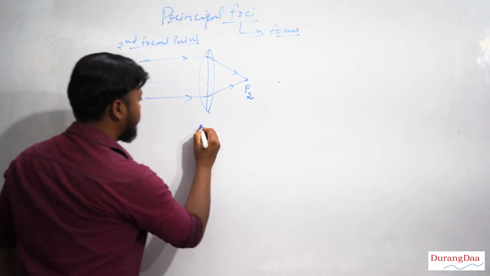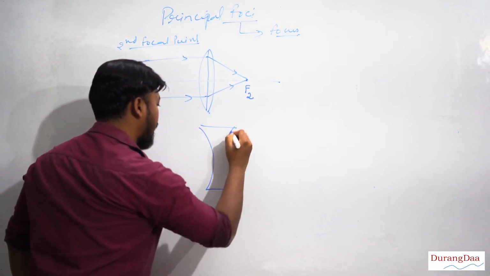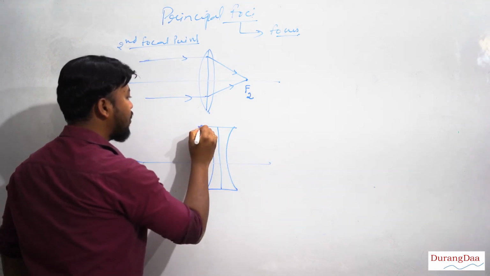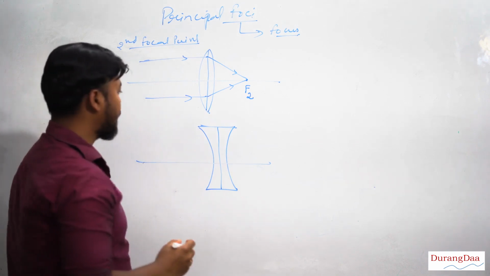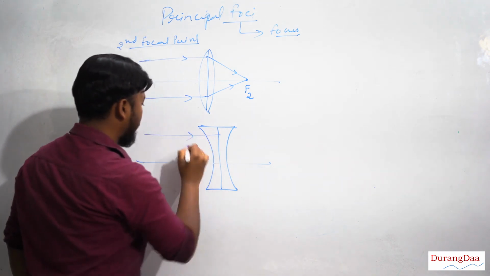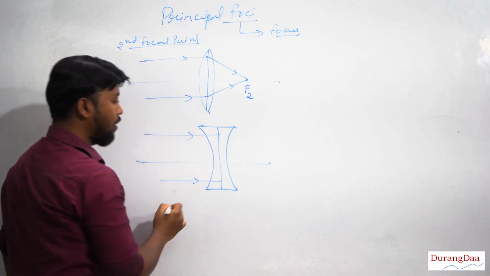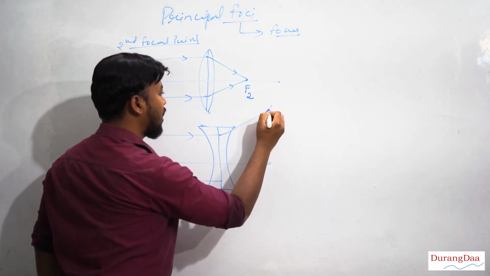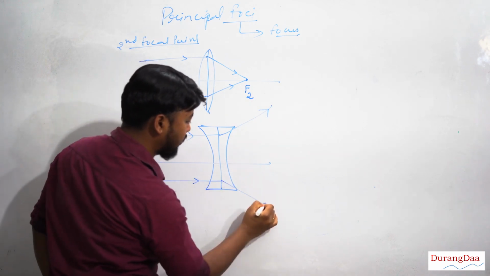For a concave lens, if you want to define it, again remember that topic in the previous session, the diverging nature of concave lens. Suppose I am drawing light rays like this. Because this is concave, it will diverge them. That means the light ray after refraction will move away from the principal axis, this side.